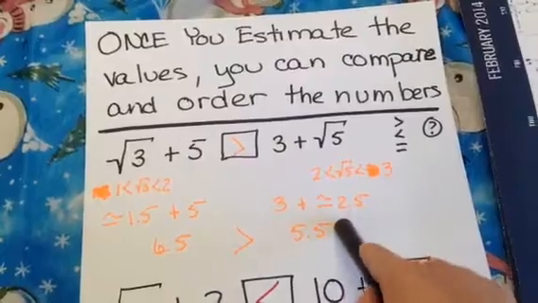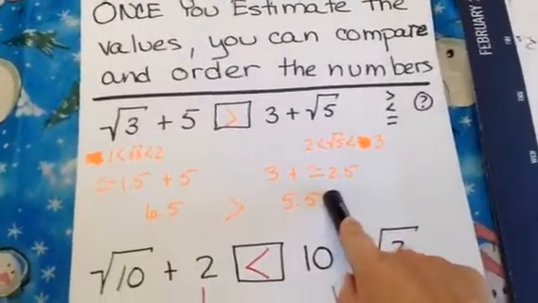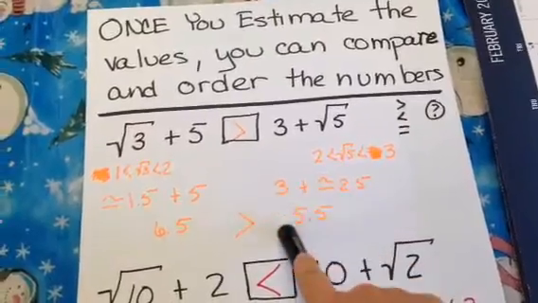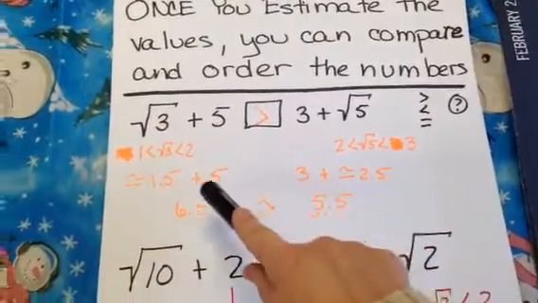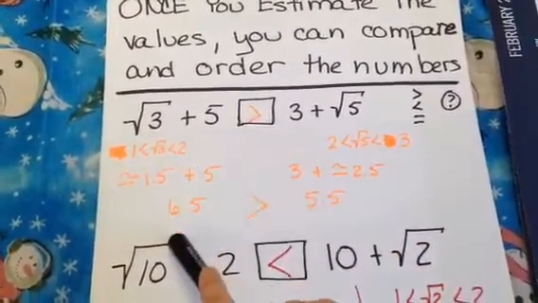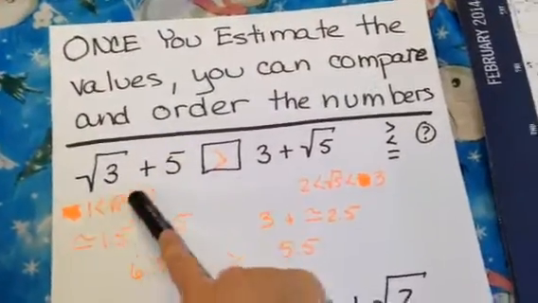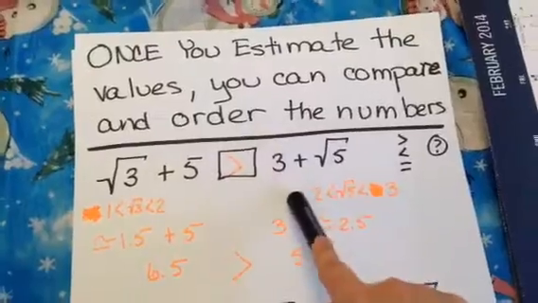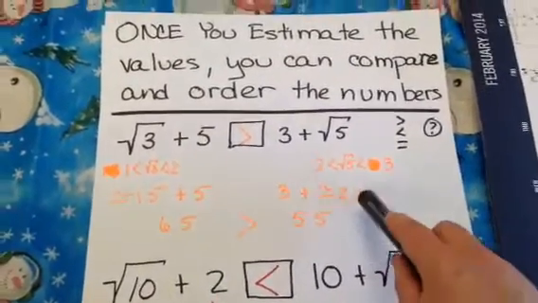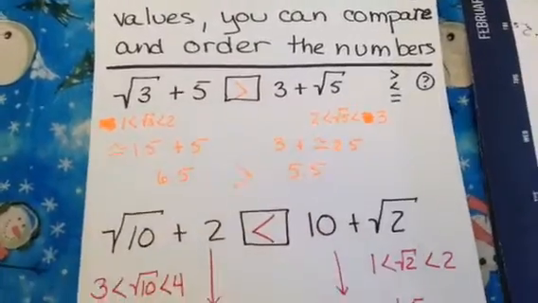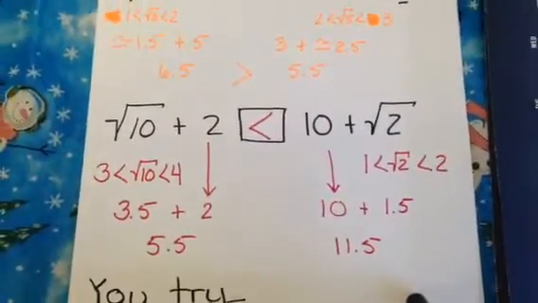So I'm approximately at about 2.5. So if I add 3 to 2.5, I get approximately 5.5. So this side, 6.5, is greater than 5.5. So this side is going to be greater than this side. Notice again, what roots am I using? I'm using principal roots.